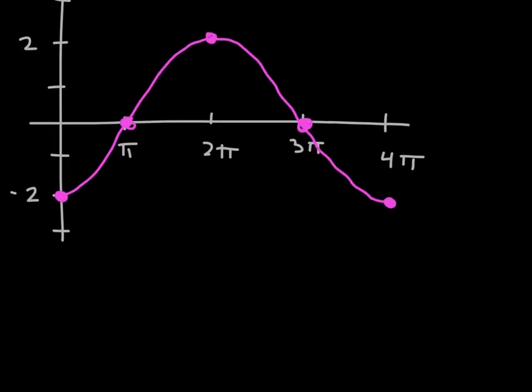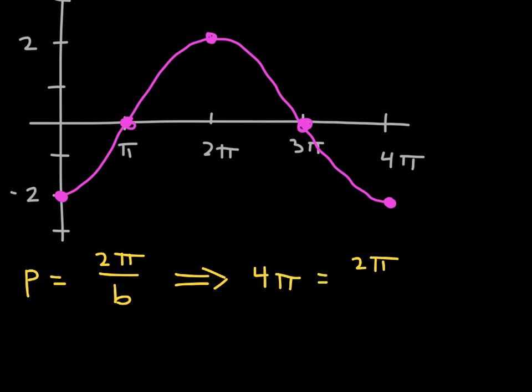All right, so this is what I'm going to do. I know that the period is 2 pi over b, right, everybody? And so that implies that 4 pi, which is the period, is 2 pi over b. We know what the period is by just looking at the picture. It completes one period from 0 to 4 pi.